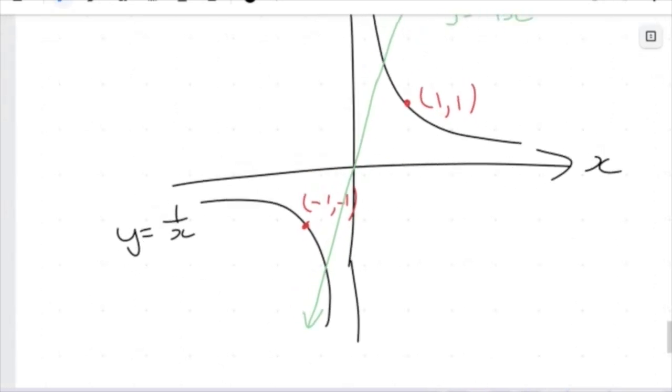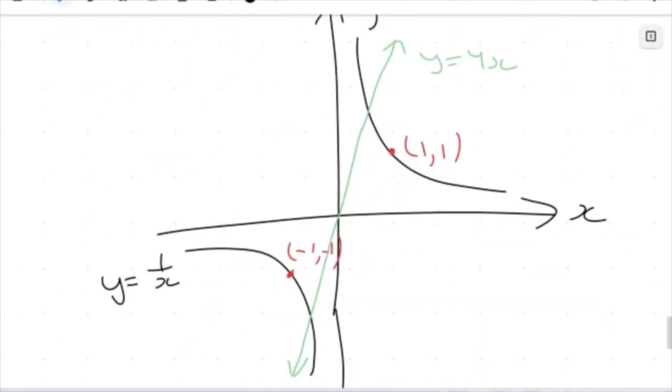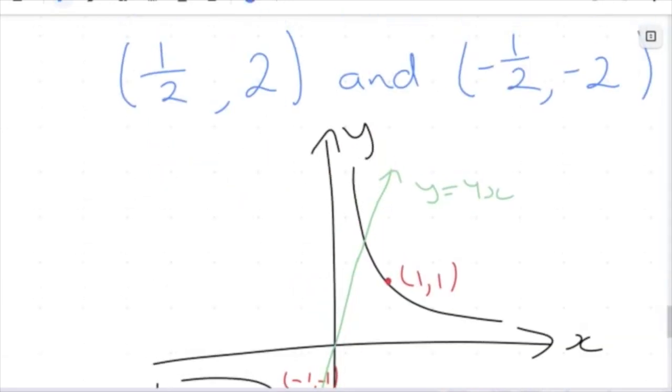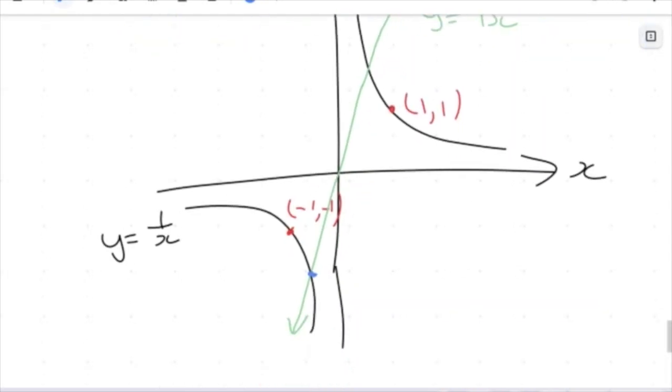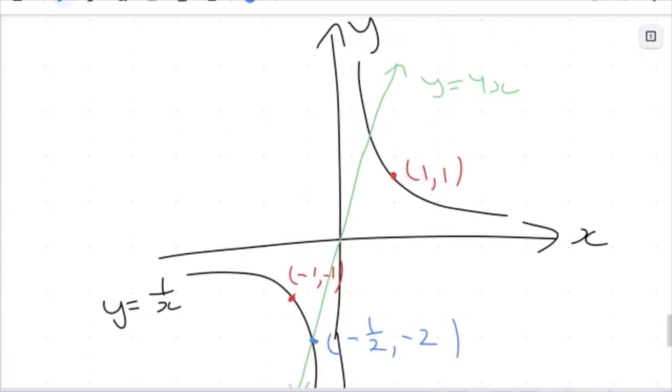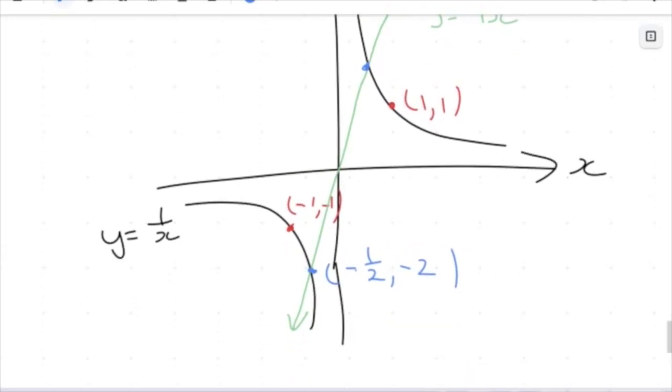And we can kind of see that the points we came up with roughly check out. Because here, this looks like my point of negative 1/2, negative 2. This is my negative 1/2, negative 2. And I have this one up here as well, which looks like the x coordinate is 1/2 and the y coordinate is 2.